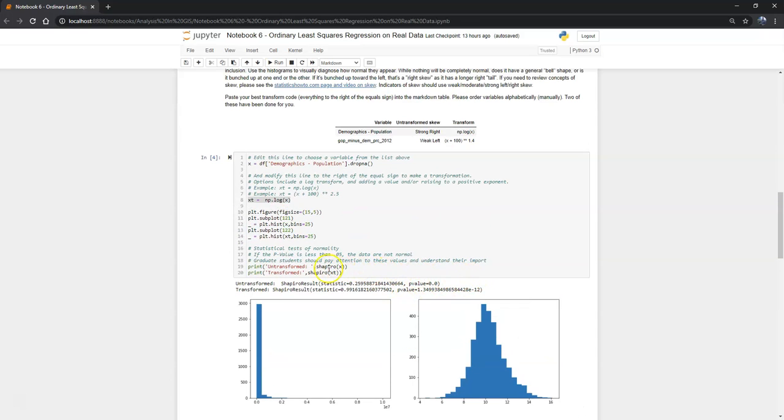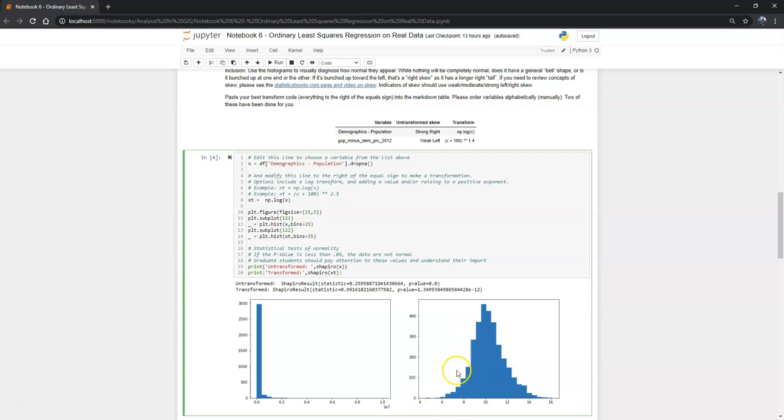For graduate students, keep in mind here that whether we get to a bell curve or not, it's actually pretty easy to diagnose visually. There are some statistical ways to look through this. They don't actually always work as well as eyeballing it. So even though there are statistical tests of normality, I usually don't trust them.